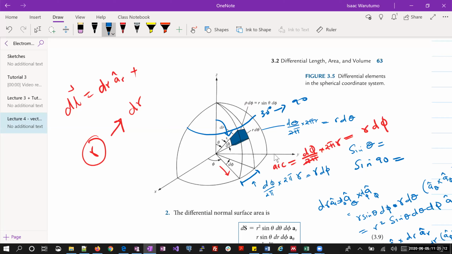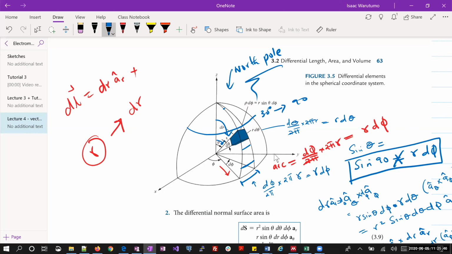the arc is actually full length, equal to r d phi. So this is going to give us 1. What I'm actually saying is that at 90 degrees, the arc is full length. But as you move up to make some angle different from 90, the length of this arc will become smaller and smaller. You can see that one is smaller than that, that one is smaller than that. And when you are almost near the North Pole, the length of that arc becomes smaller and smaller, it becomes 0.